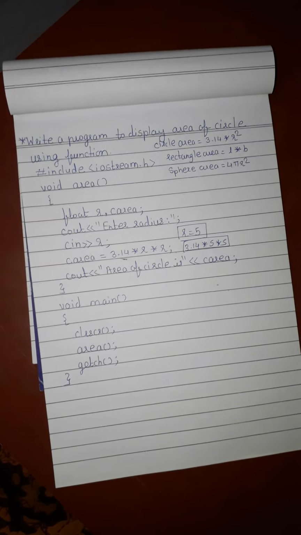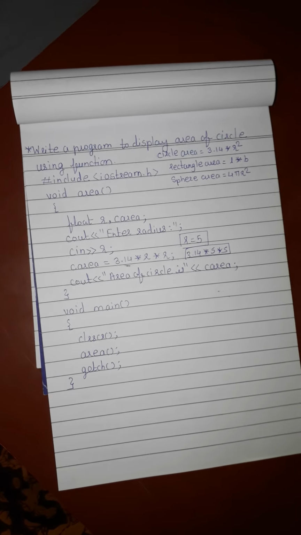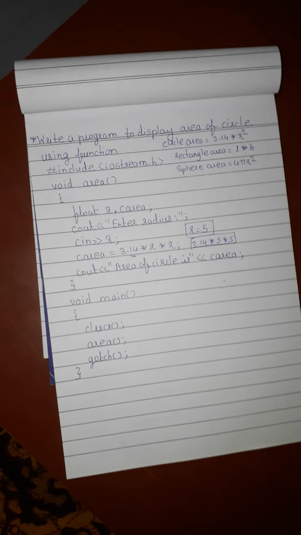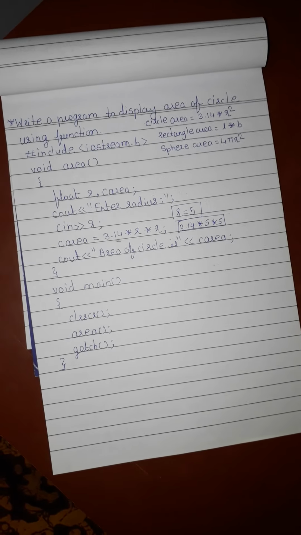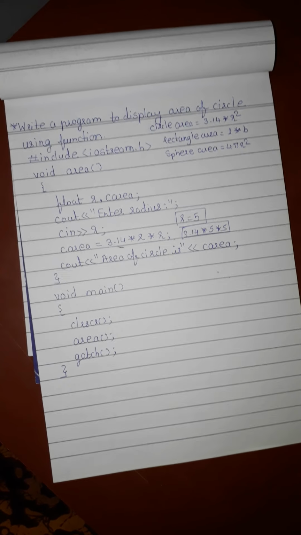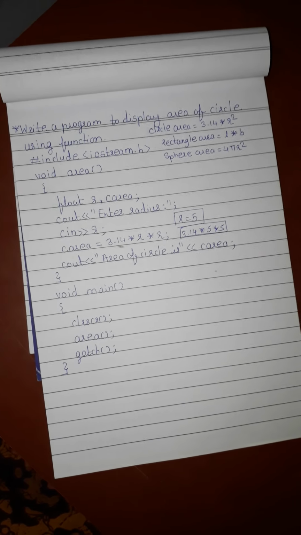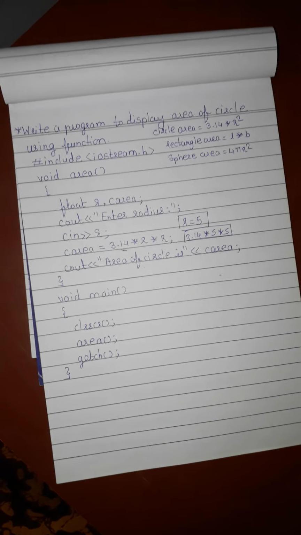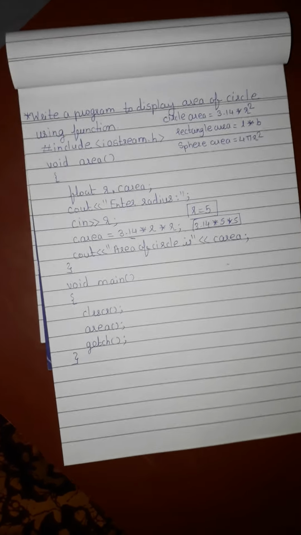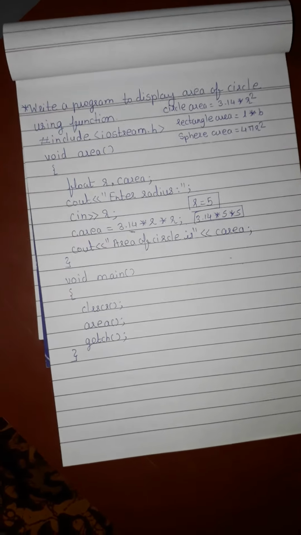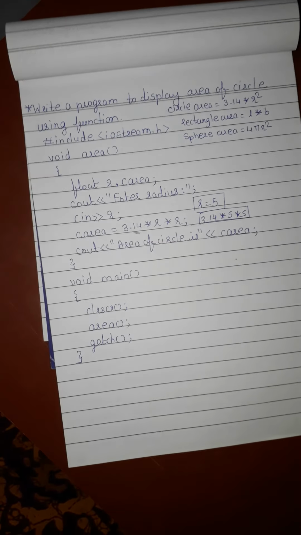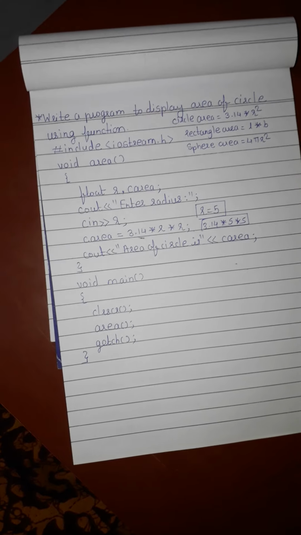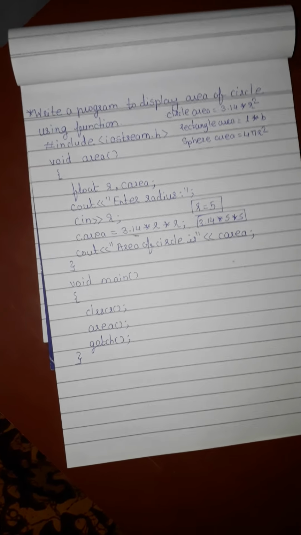Now here notice one thing, that we are multiplying the radius with the value 3.14, which is a decimal value. So there are chances that we will get the answer in decimal. This is the reason why I have declared both the variables, radius as well as c area, as float. It is compulsory to declare at least c area as float, because the final answer which we are going to get will be in float only, because we are multiplying the radius by 3.14, which is a decimal value.